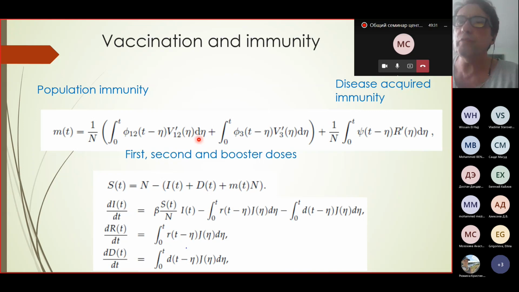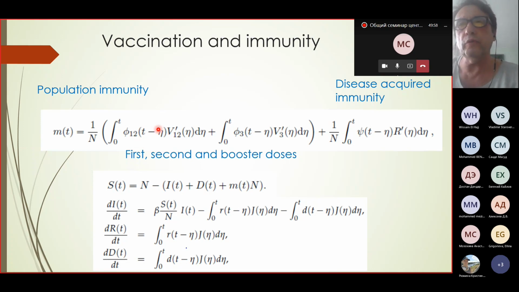We don't have an equation for vaccinated. We take it from the data. In other words, we know this function V of t, the number of vaccinated people. Next, we also know from the data how long this vaccination-induced immunity acts, and this is described by this kernel.